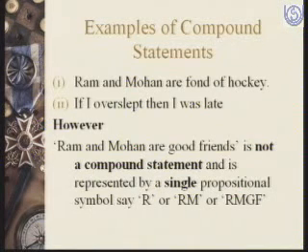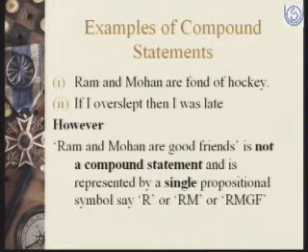Here I wish to tell you that while translating from English or natural language to first order predicate logic or propositional logic, we have to see the underlying meaning, and then and only then should we translate. So first of all, "Ram and Mohan are fond of hockey" should be interpreted as: number one, Ram is fond of hockey; number two, Mohan is fond of hockey, and we put an "and" between the two.